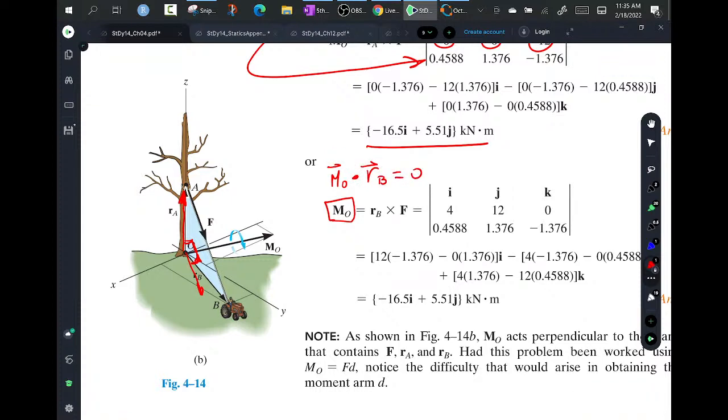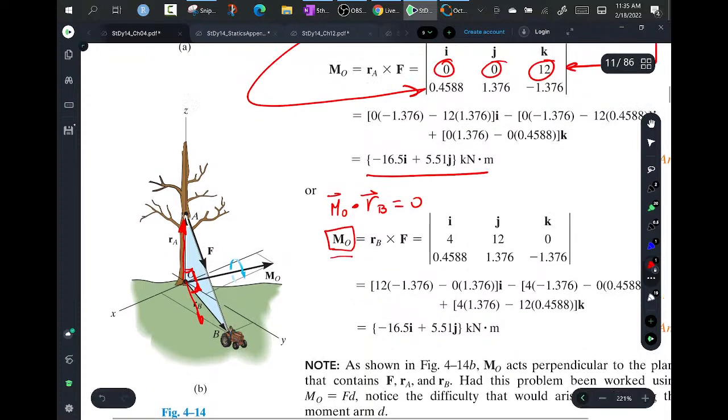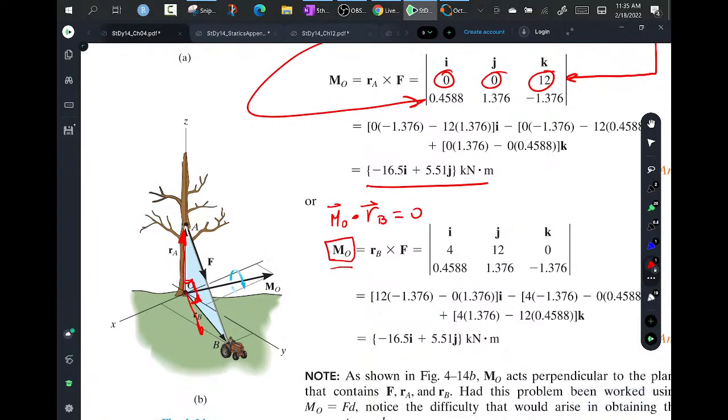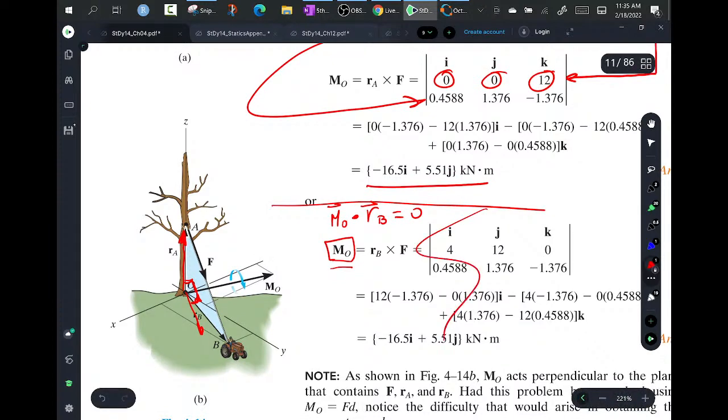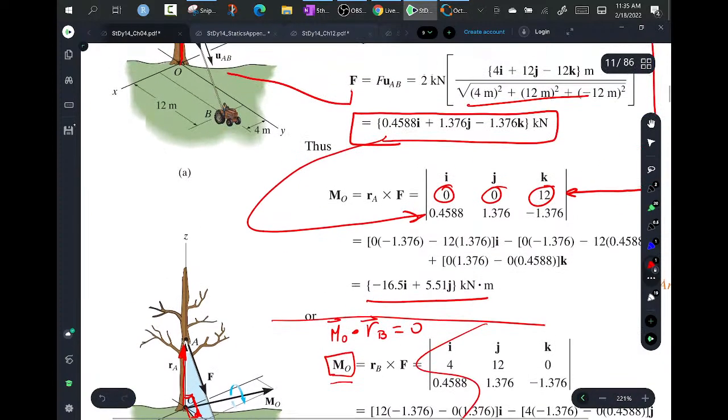Let's take a quick look at this. This is just a check. This is not a given here. And I don't like the way he's doing this here. So let's go back to this, and I take the resulting vector. So let's ignore this, and I'm going to say the moment 0 cross with RA.